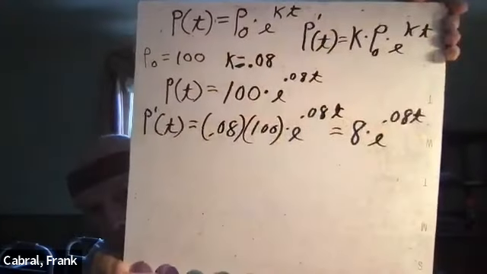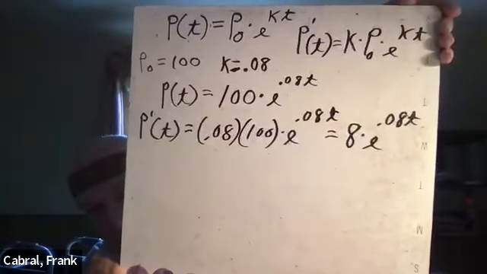Of course, I'm going to simplify this because 100 times 0.08 is just equal to 8 E to the 0.08 t. All right, let me show you this, and then we can answer the question of, let's say, how fast this population is growing in 4 hours.